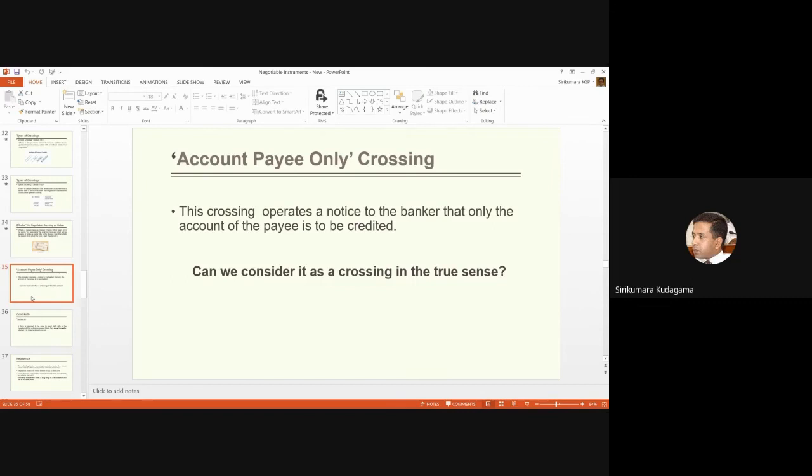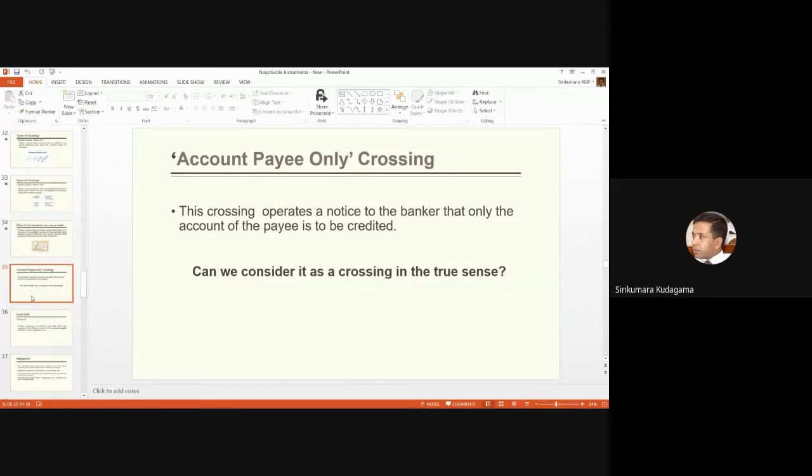Even if I'm a bona fide person, accepting it in good faith, I'm not going to get the full title, subject to holder in due course, which I'm going to deal with later. I'm not going to get full title because of this crossing, right?